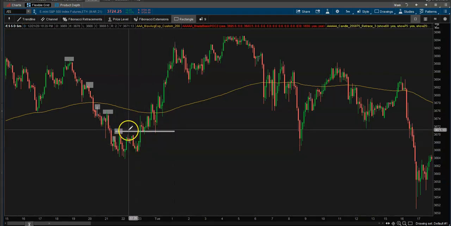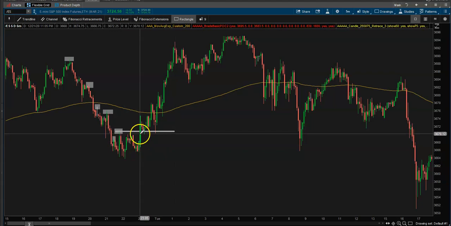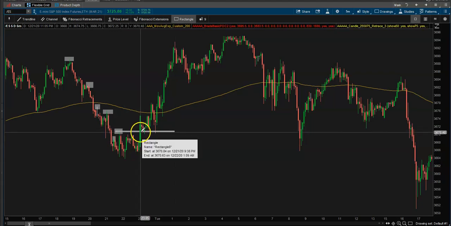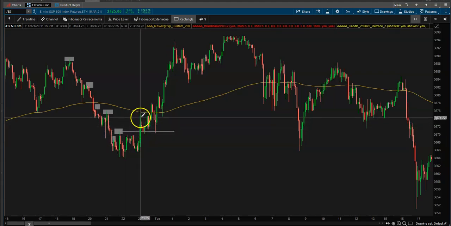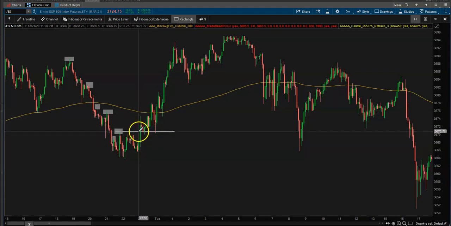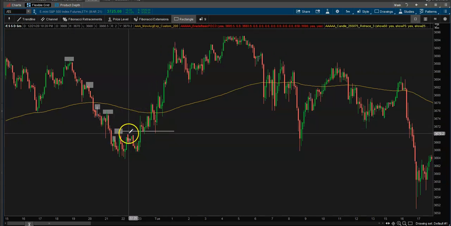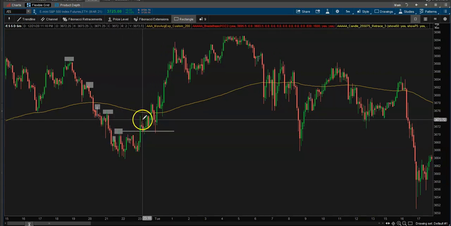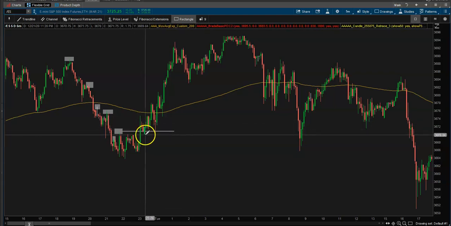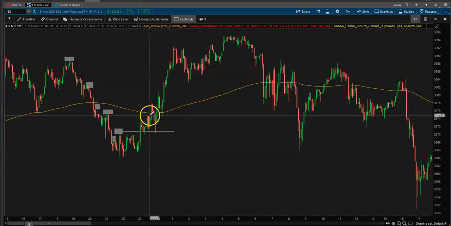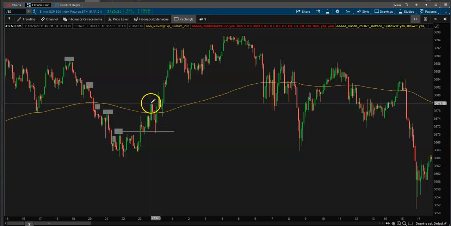On this big red or green candle, we bounce with power, make a nice high, a higher high compared to this and even these guys. We pull back and then we make a double top, pull back, and then a higher high.